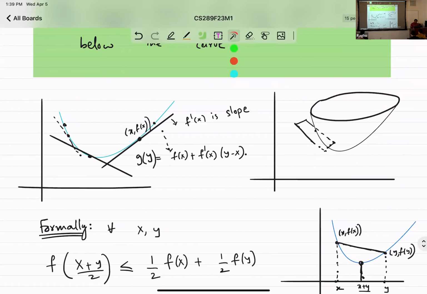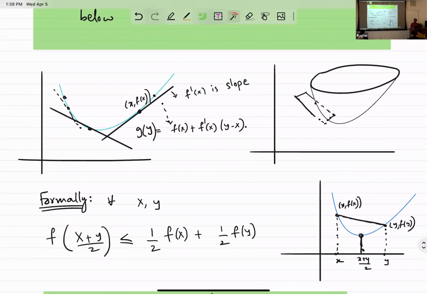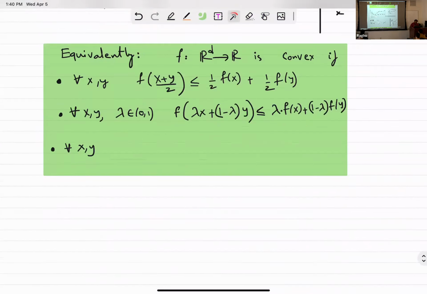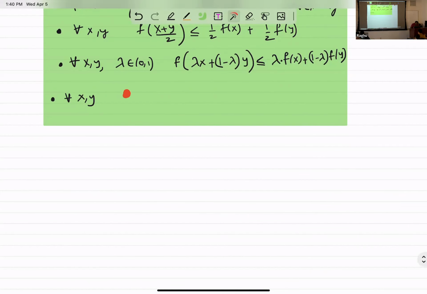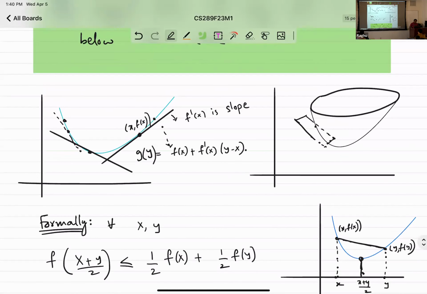And as I said, one definition of convexity is that the tangent curve should be below the function completely. Okay. So meaning for every x comma y, if I take any other point y here and look at what this tangent line tells you, that value should be less than f of y.